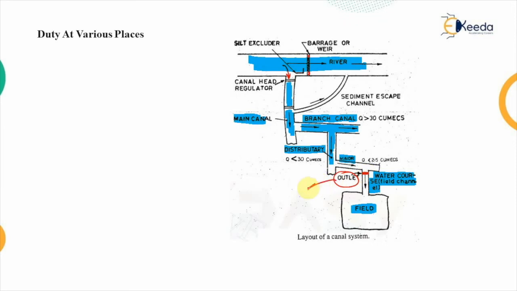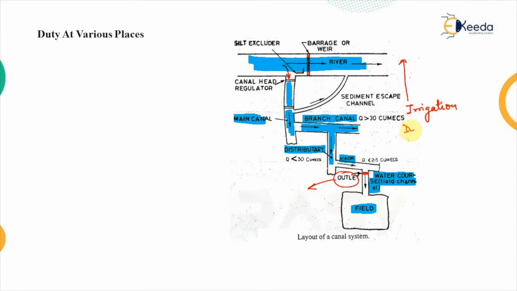Now this outlet is very important because the construction of these facilities, that is the main canal, the branch canal, the distributary, all of this till this point, that comes under the department of irrigation.